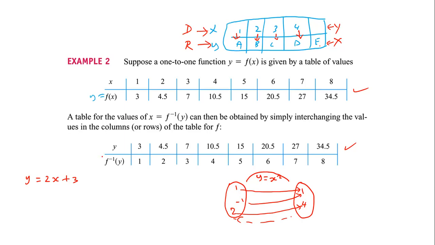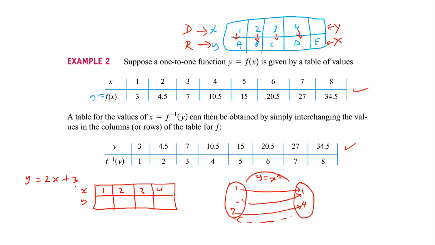Okay, let's go ahead and build a small table for it. This is x and this is y. 1, 2, 3, and 4.